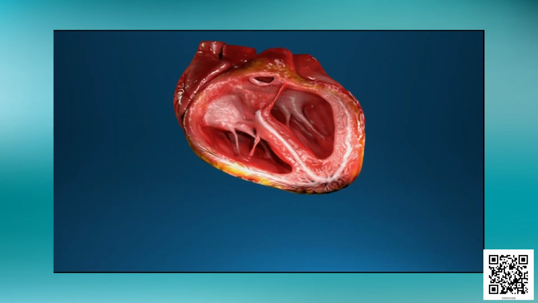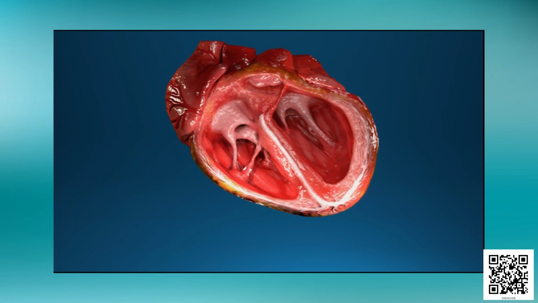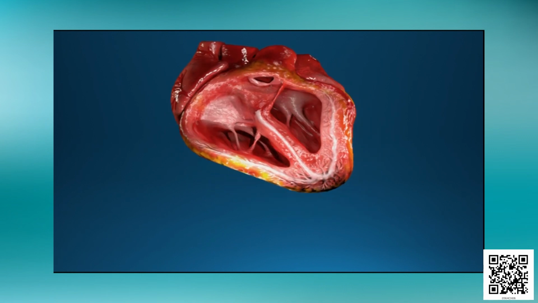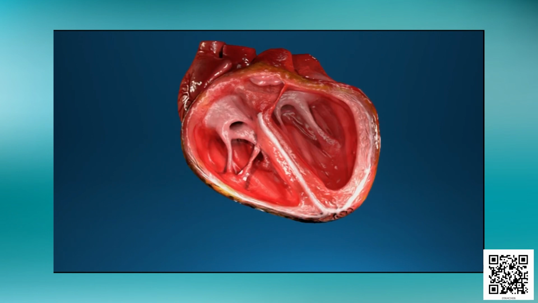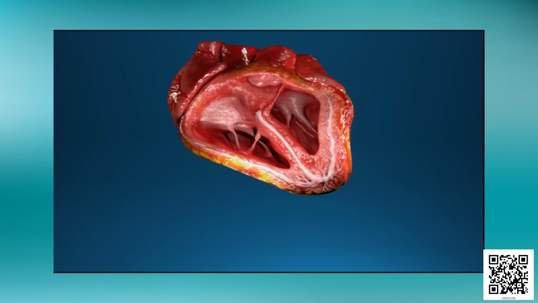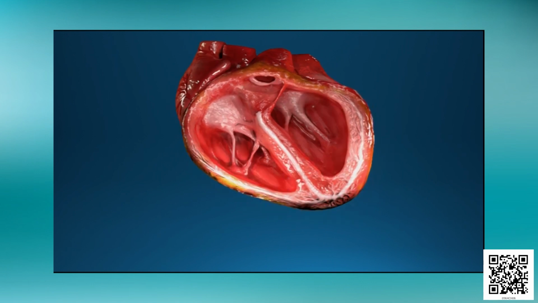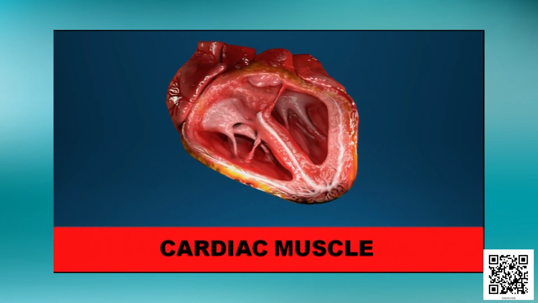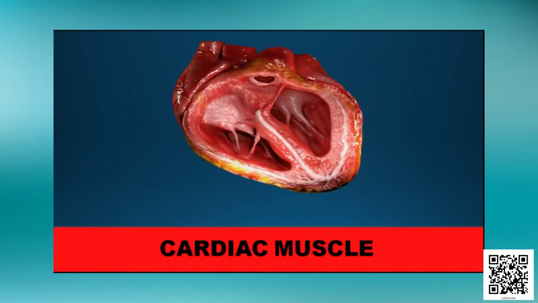Okay. Look at the third animation. Definitely it is heart. The heart contracts and expands to pump the blood to different parts of the body. Heart is made up of muscle. So, which muscle is the heart made up of? Yes, it is cardiac muscle.